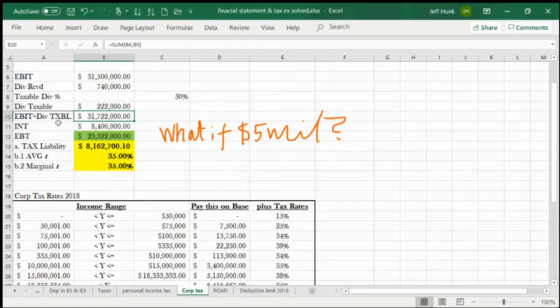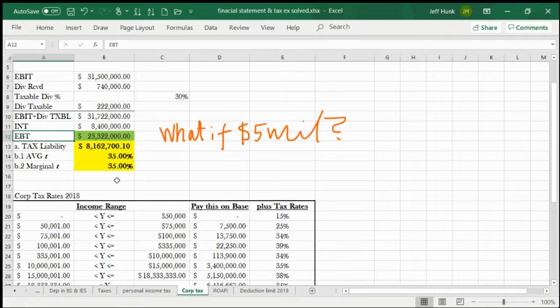So EBIT plus taxable dividend is this, and you just subtract the interest, and you arrive at EBT. And the EBT is, of course, your taxable income.